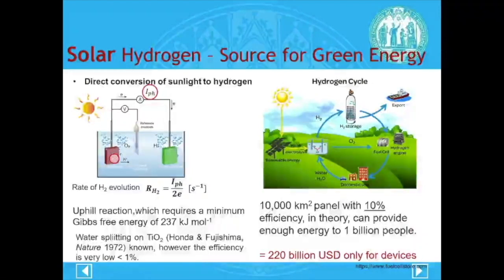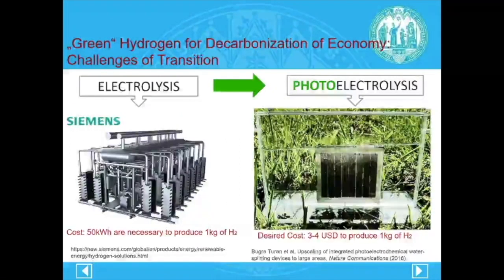But if we want to scale it up, for example, if you want to make a panel with 10% efficiency and an area of 10,000 square kilometers, this will cost us more than $200 billion US only for devices, and then there is storage and dispensing. So it is also an important factor to consider, to use materials which are earth abundant and economically available.